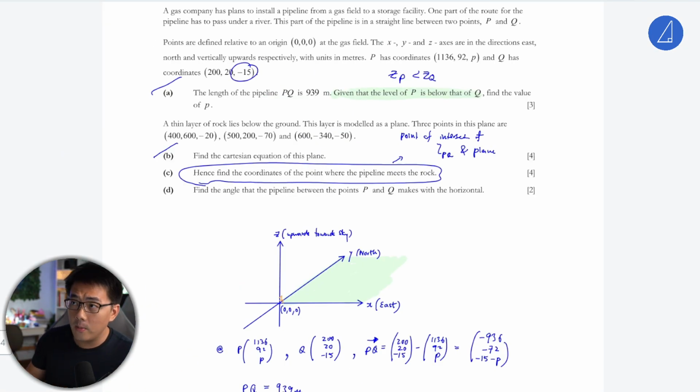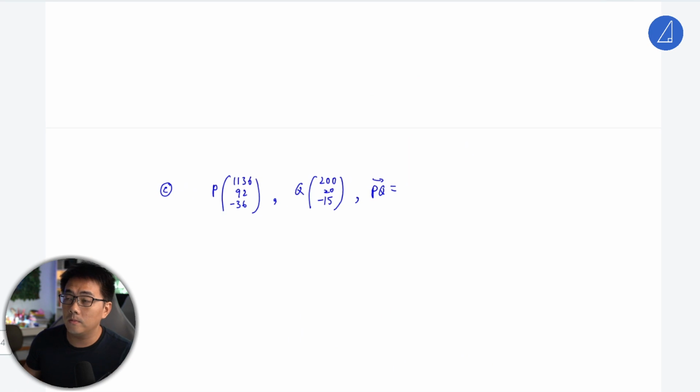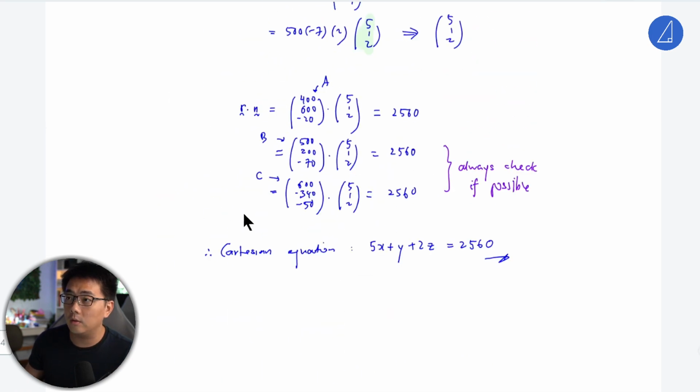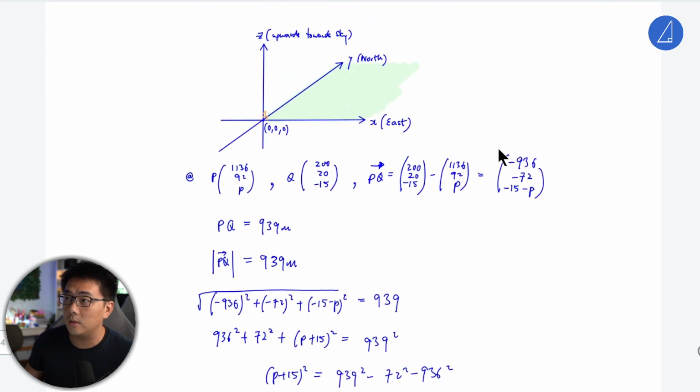So I'm going to form the line equation of PQ first. Then I'm just going to replace the line equation into the plane to find where they meet. Okay, it's a line equation where it satisfies the plane equation. So for points P and Q, I just replace the P that we found just now. We already found PQ just now, so PQ was this, right? So we replace P inside to solve.